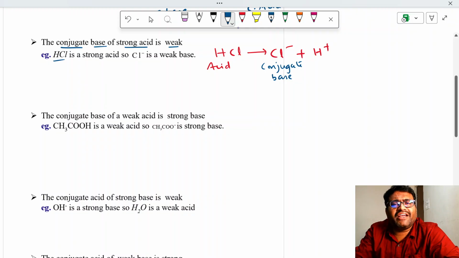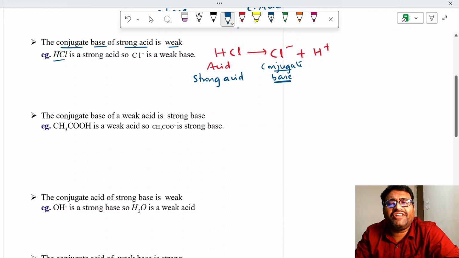That is the reason why HCl readily loses H plus. Why does HCl lose H plus readily? Because after losing H plus, it becomes Cl minus, and the Cl minus is highly stable. As HCl is readily losing H plus, we say that it is a strong acid. Now, what about this conjugate base?